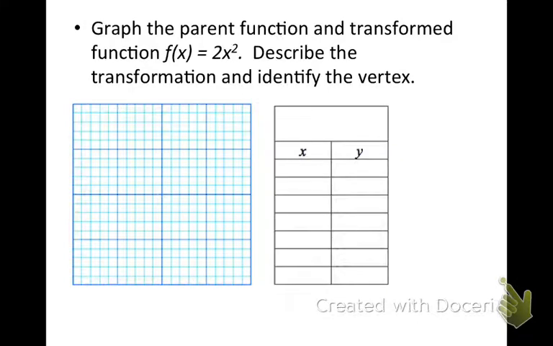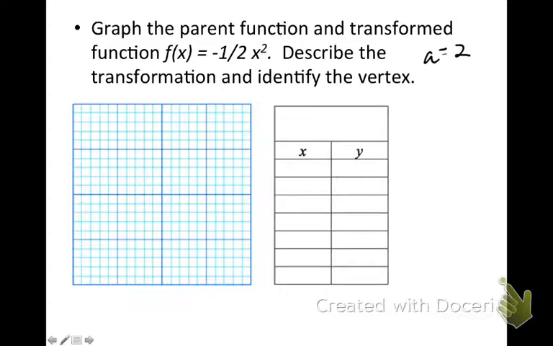So we're going to start by graphing the parent function, and the transformed function f of x equals 2x squared. So we've got a value a now, and a is 2.